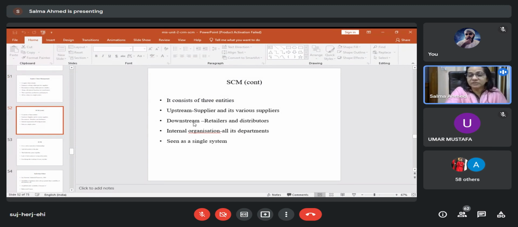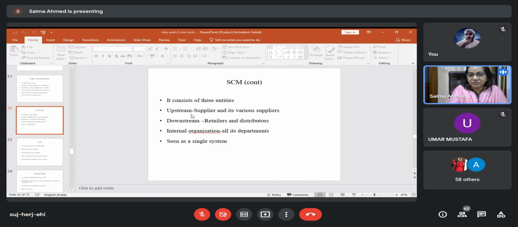If we break it down, we can think of 3 entities. One could be upstream, the supplier and his various suppliers. It could be the tire manufacturer, say MRF, who's giving me the tire. That's the tire manufacturer upstream. And downstream, it could be the agency which is selling my automobile.